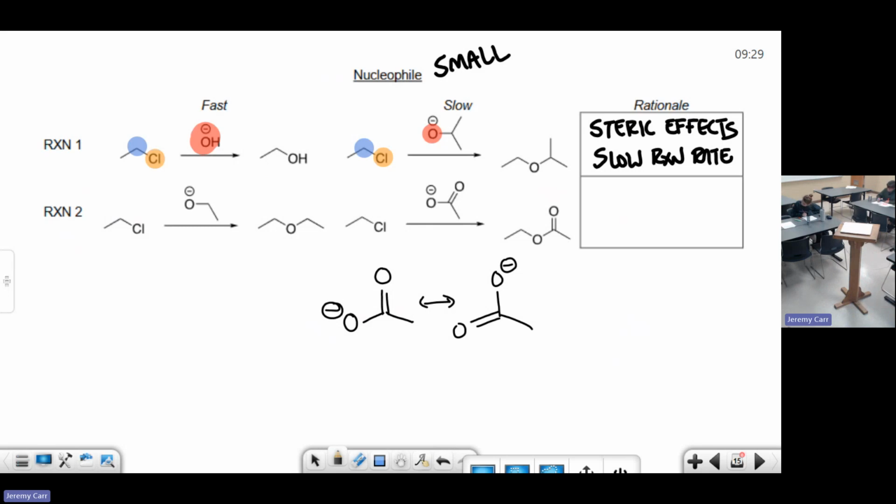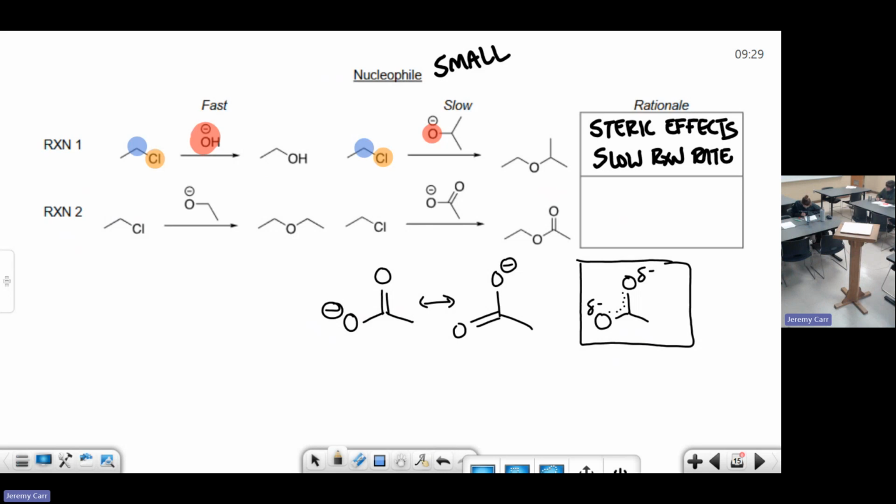We've just moved the placement of those negative charges around a little bit. But more to the point, you have a resonance hybrid that looks like this. That's the hybrid right there. Why is the hybrid so important in this case?